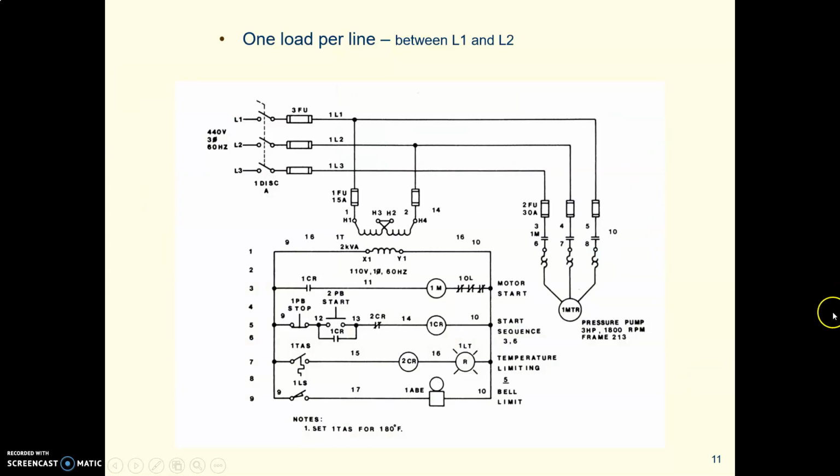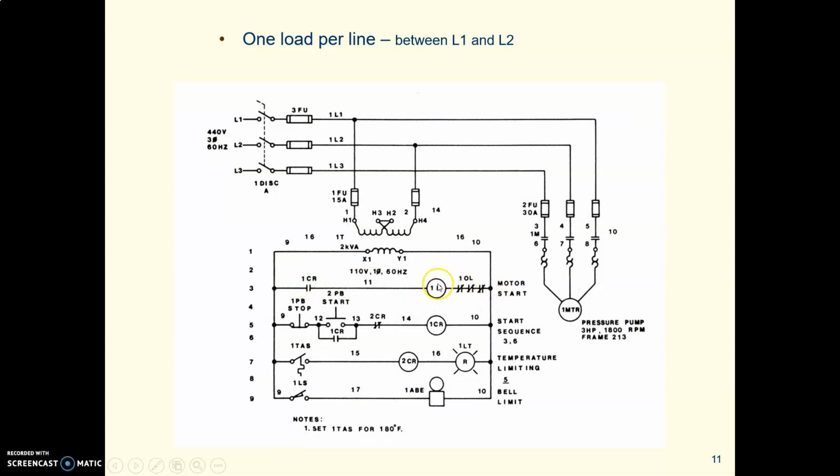We draw only one load per line, and here are the lines. L1 is on the left and L2 is the leg on the right, and in between go these rungs of the ladder. Each one is a line with only one load on it.